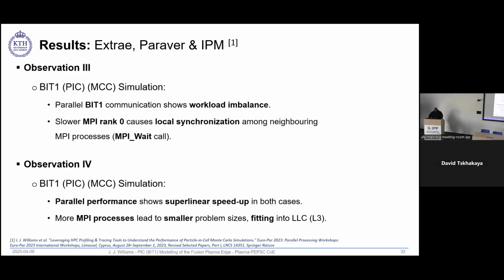The next thing we found was that parallel performance showed superlinear speedup in both cases, and more MPI processes led to a smaller problem size that fits in the cache. So if you run this code on 50 nodes, you have very small data per node and it's going to be fast, as David mentioned.